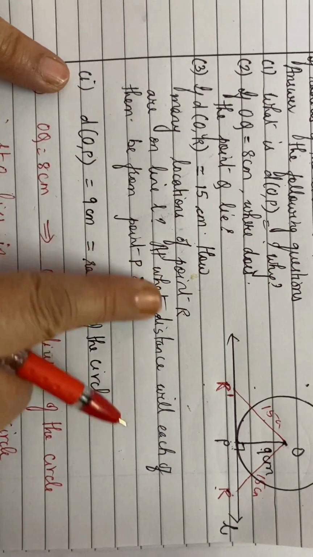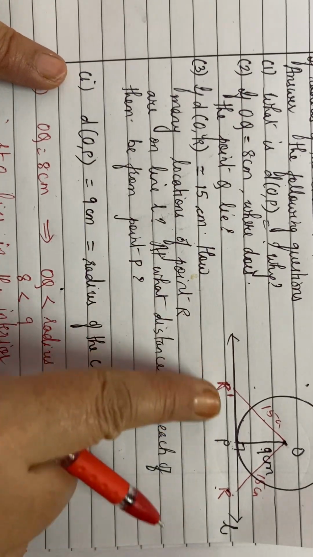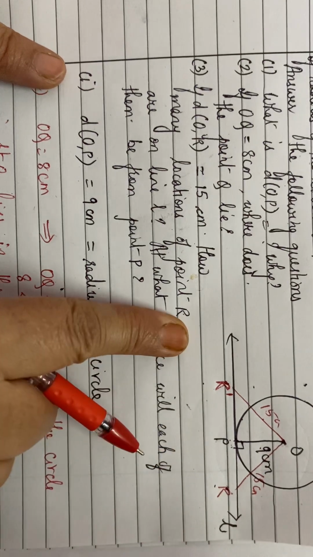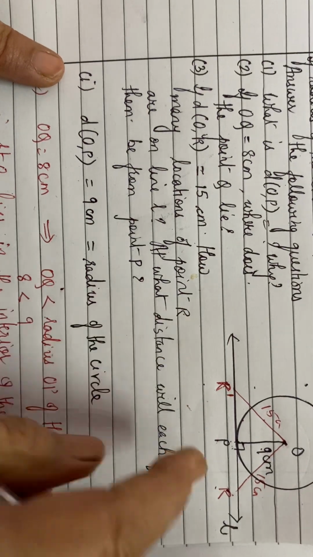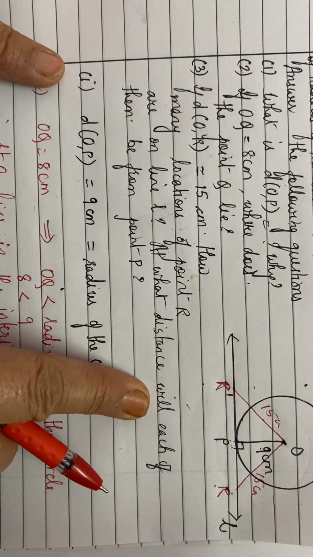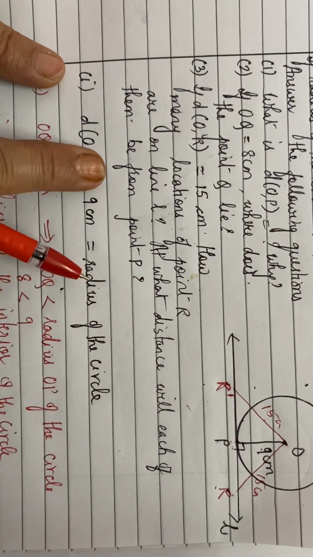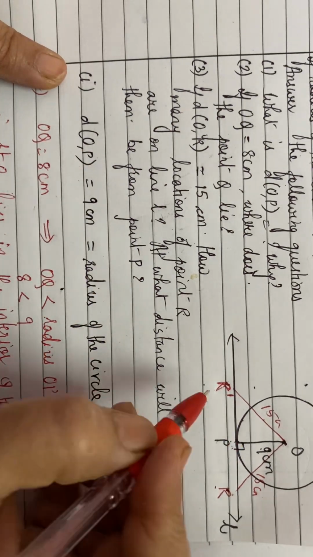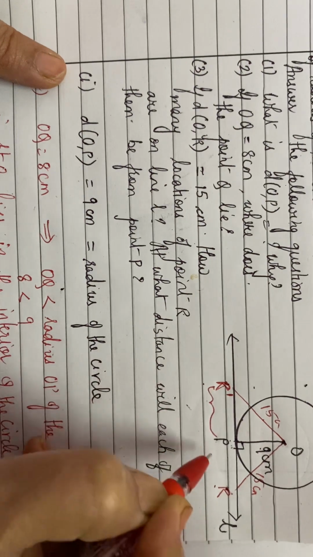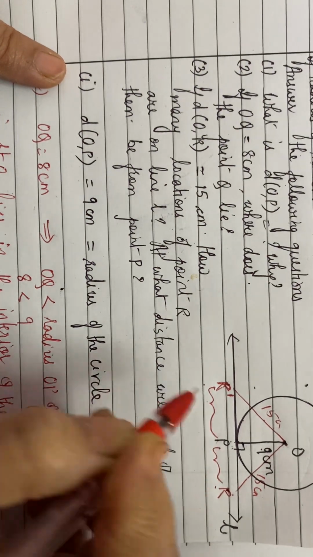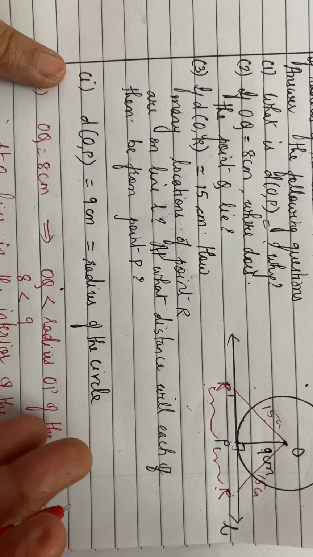Where will be the position of this R on this line L? It will be to the right of P and to the left of P. Okay. What is the distance? At what distance will each of them be from this point P? So we have to find out this distance. PR or PR dash. It will be one and the same.